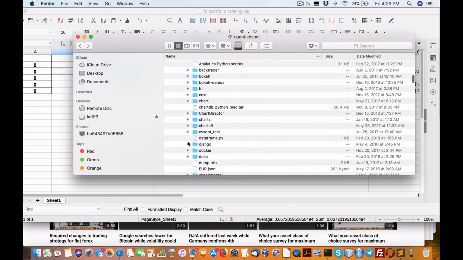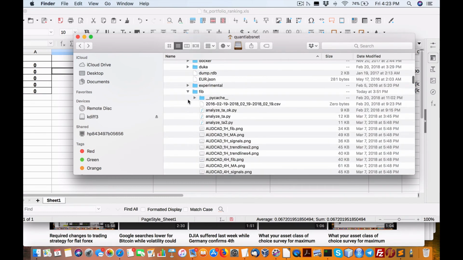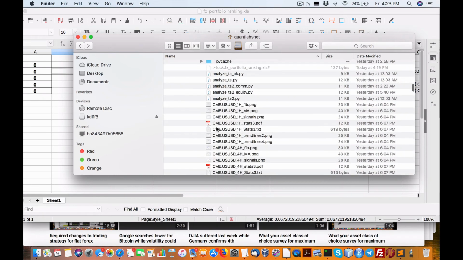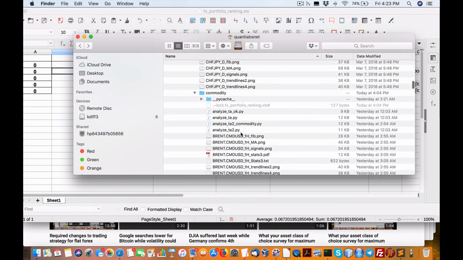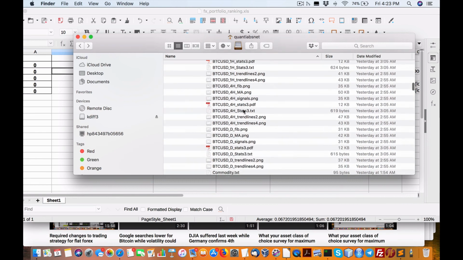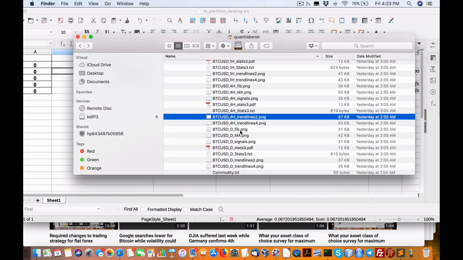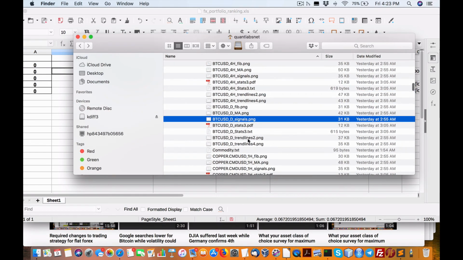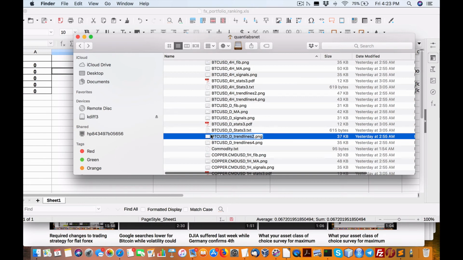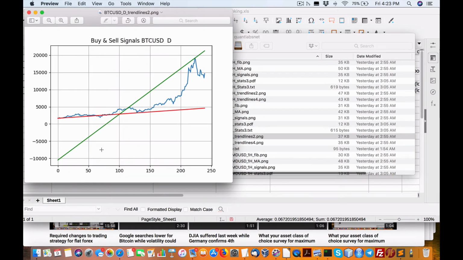So let me just find that chart. So if I look at the commodity for Bitcoin, let's see. So here's the trend line. Overall, it's been obviously declining, but this is the 4-hour chart. But if I was to look at the daily here, you'll see it has been clobbered since the beginning of the year, but it's still trying to make its way back.